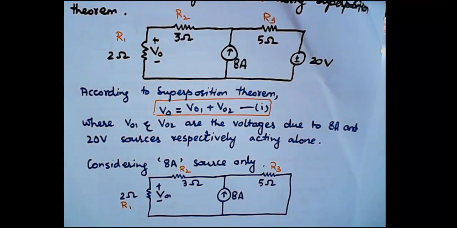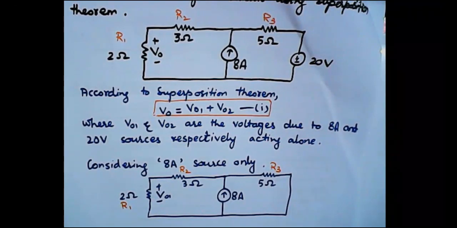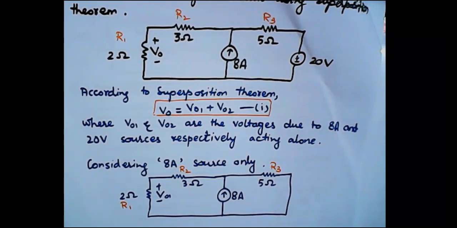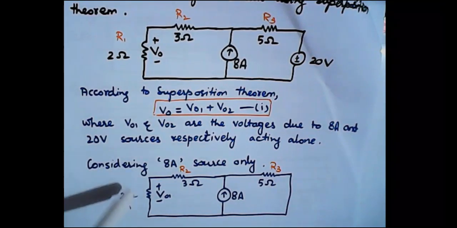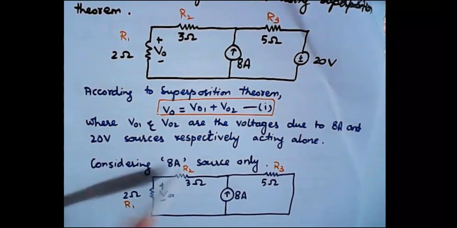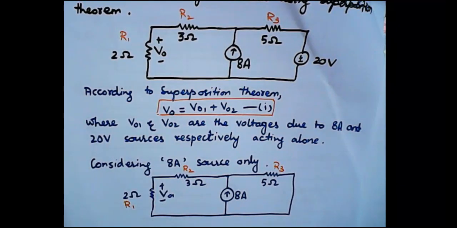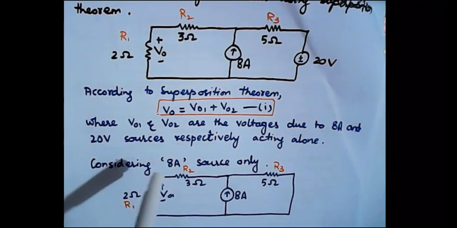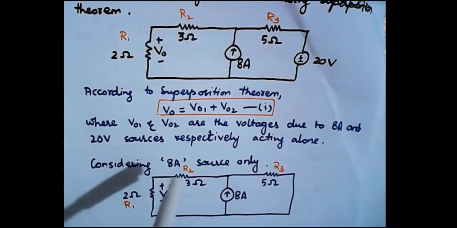So now we need to calculate the value of voltage V01, and again we can apply various techniques. The easiest technique that is applicable here is that we can see that these resistances R1 and R2 are in series with each other, and if we solve them in series, then their equivalent resistance, let's assume it to be R4.